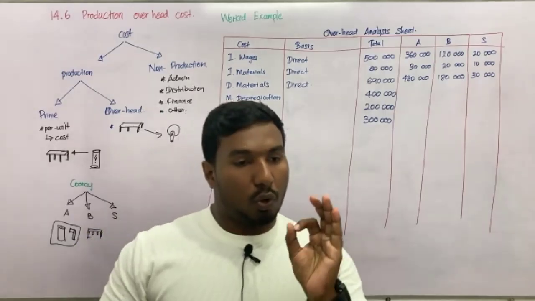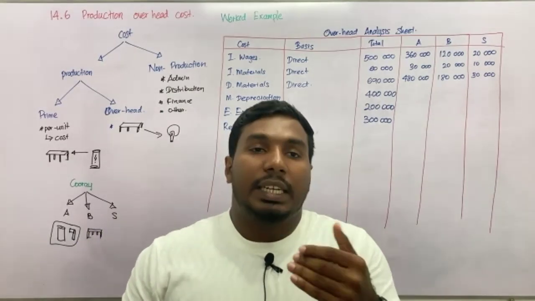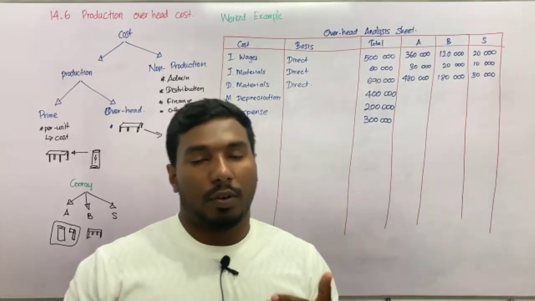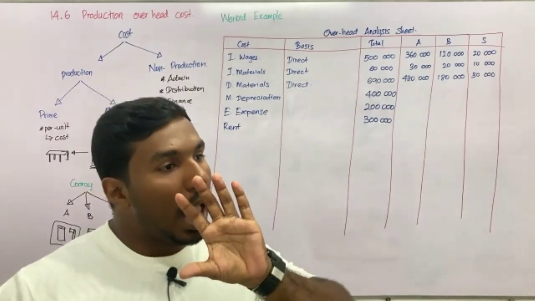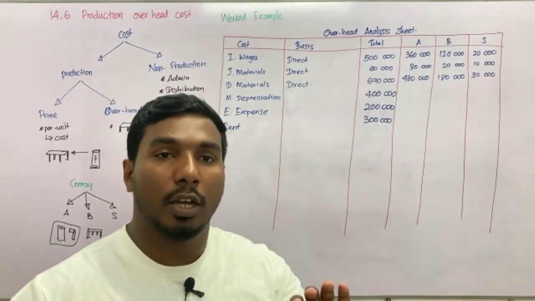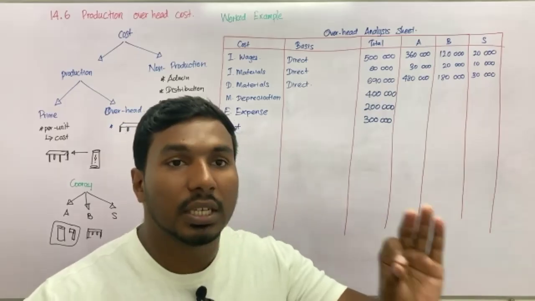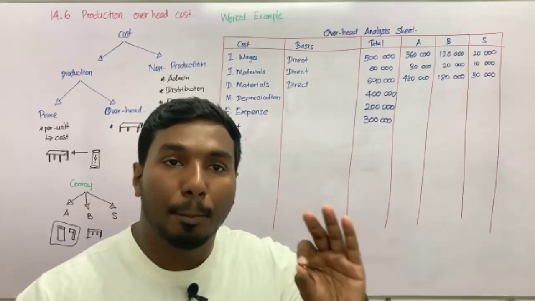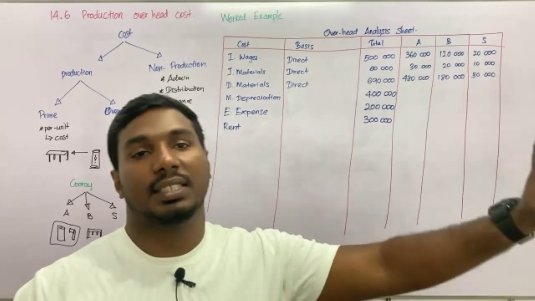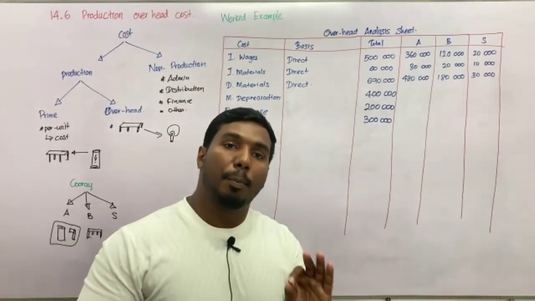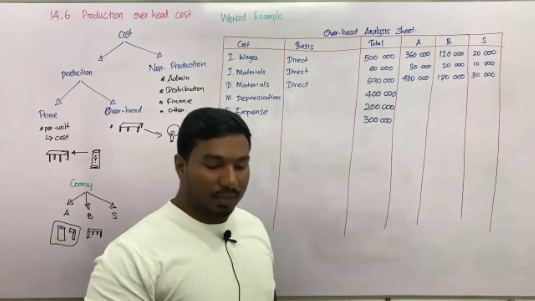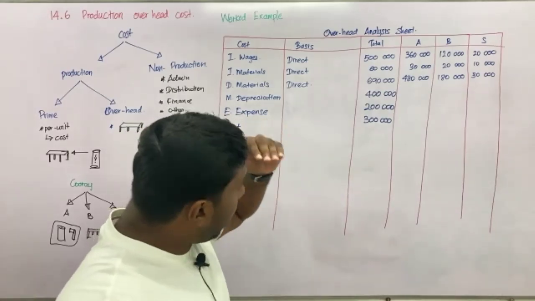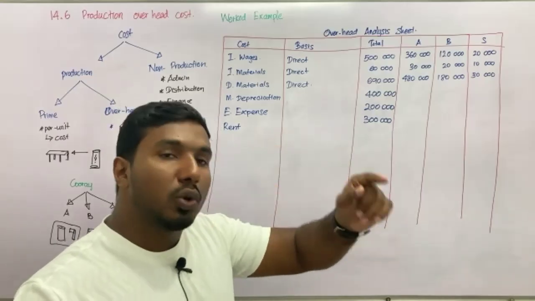Okay, so if they didn't give any split, what we have to do is apportion those expenses on a proper appropriation basis. That appropriation basis is also given in the question.